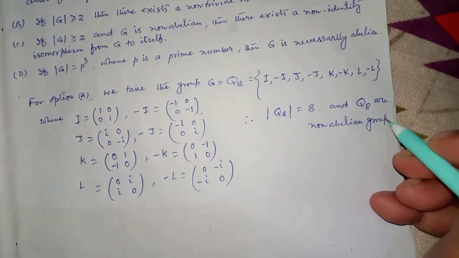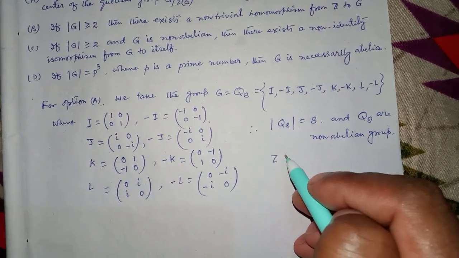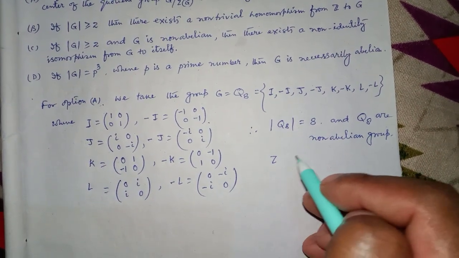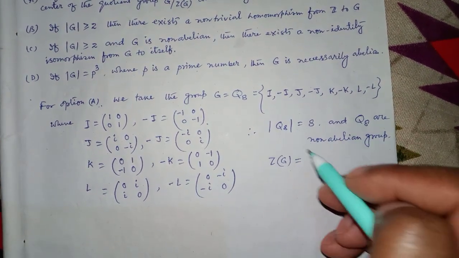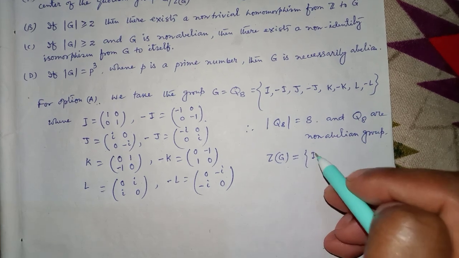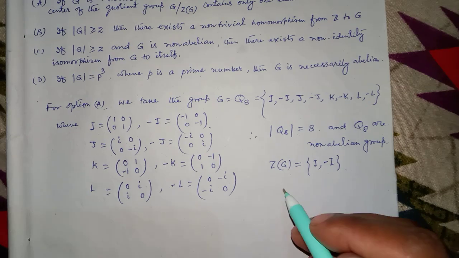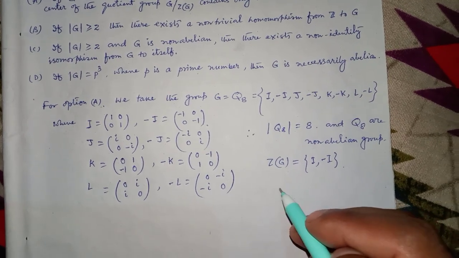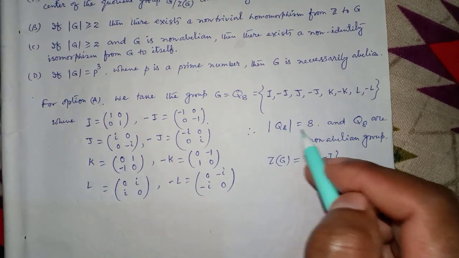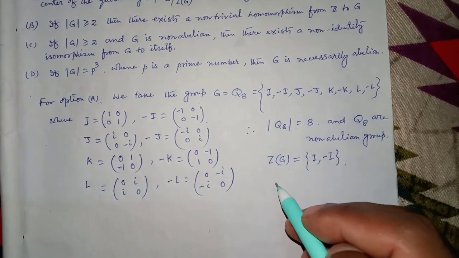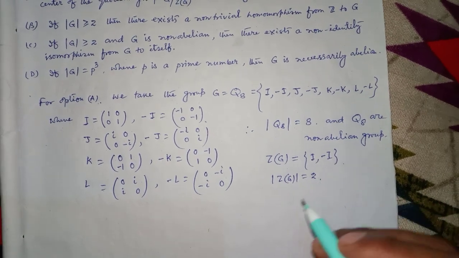Q8 is a non-abelian group. The center of G, that means the center of the group Q8, is {I, minus I}. Therefore, for the group Q8, the order of Q8 is 8 and the order of Z(G) is equal to 2.